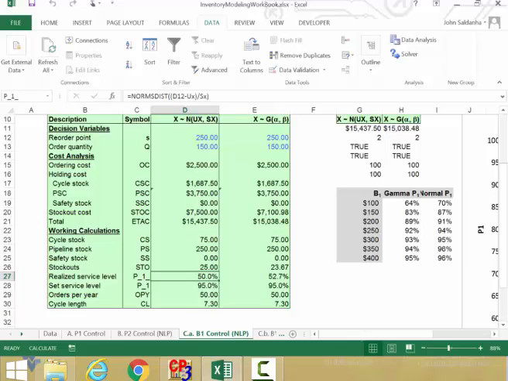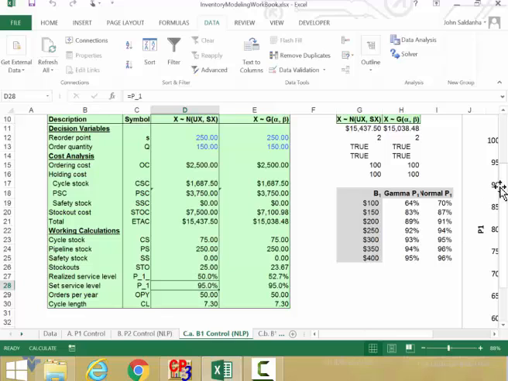So the realized service level that I have is given by the norm, the S, this is D12, so the S minus mu x over sigma x, which is just your standardized reorder point. And my set service level is the 95%.